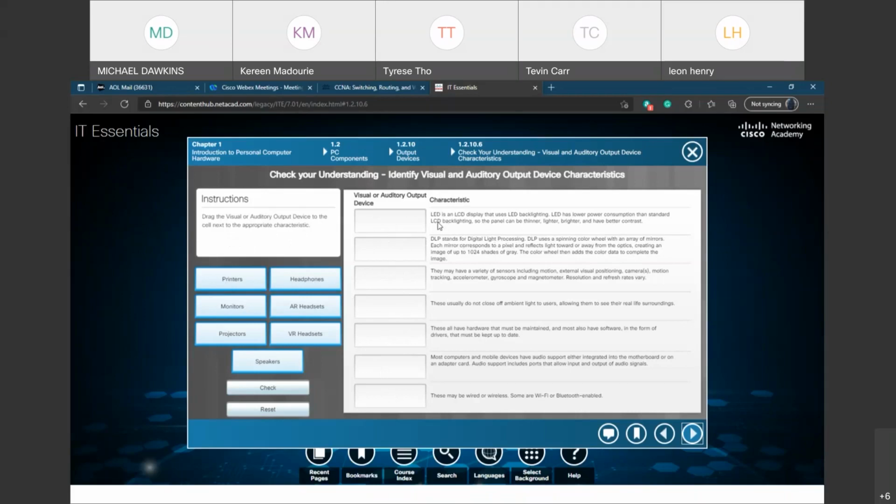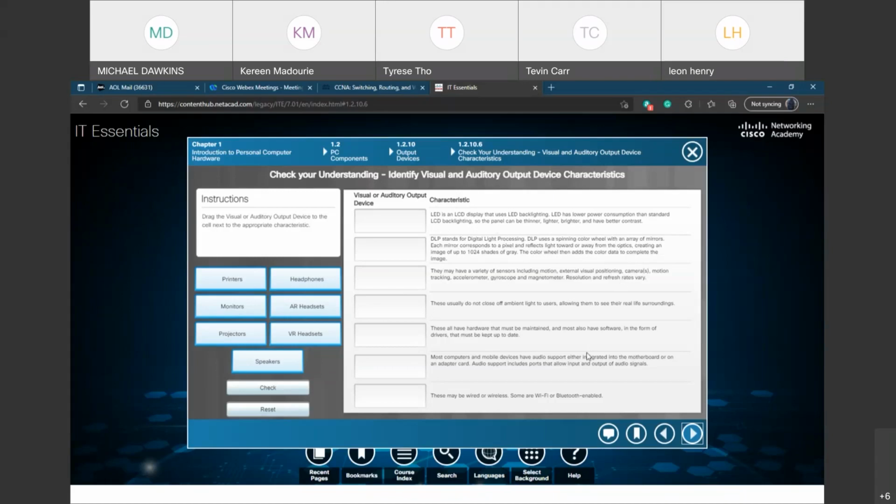LED is an LCD display that uses LED backlighting. LED has lower power consumption than standard LCD backlighting, so the panel can be thinner, lighter, brighter, and have better contrast.